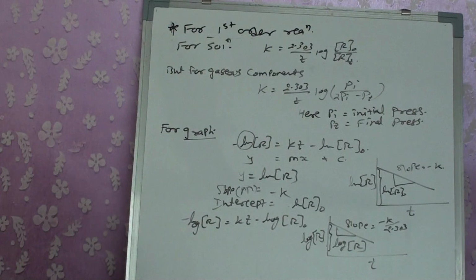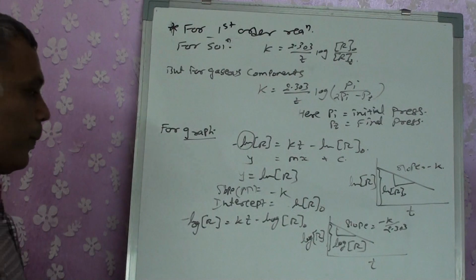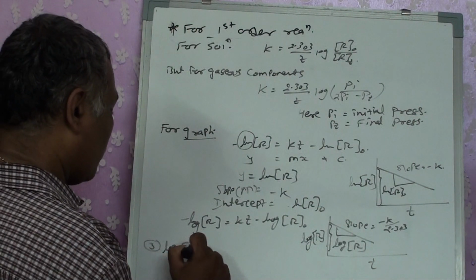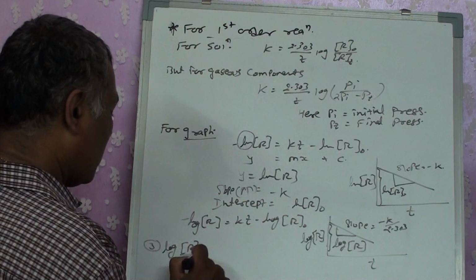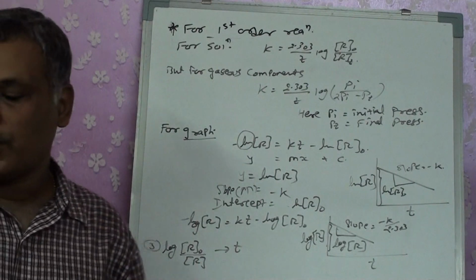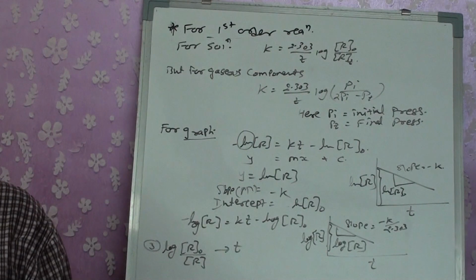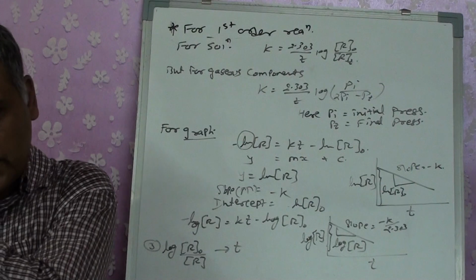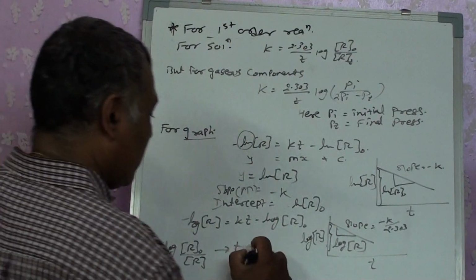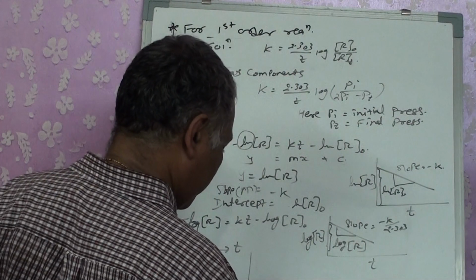In both the cases we are going to get a straight line graph with negative slope. But the third one, if we plot log of R naught by R against t, then at that time the slope we are going to get is a positive slope.